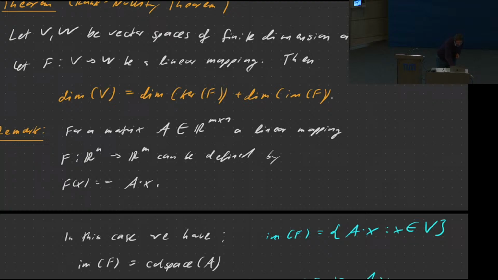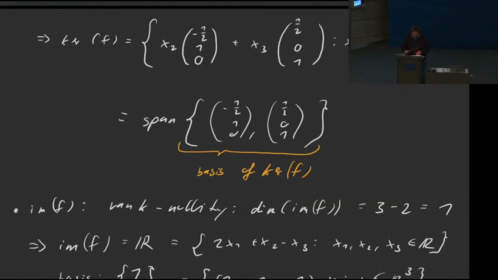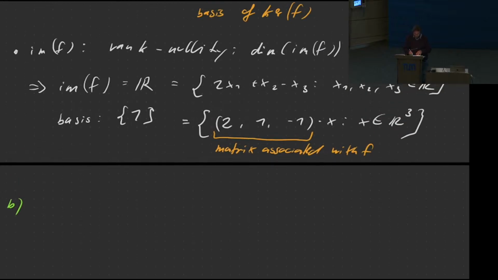And then someone wanted to ask, in the example that we've just seen, I claimed a basis for R was just this number 1. And the question was, why is the basis 1 and not the unit vector? And of course, the answer is this is the unit vector. The number 1 in R is the unit vector. Seems hopefully logical if you think about it for a second. The unit vectors have size 1 in a one-dimensional vector space.